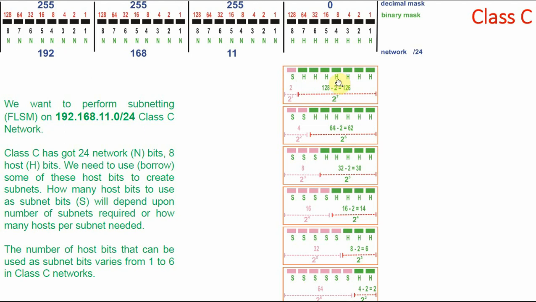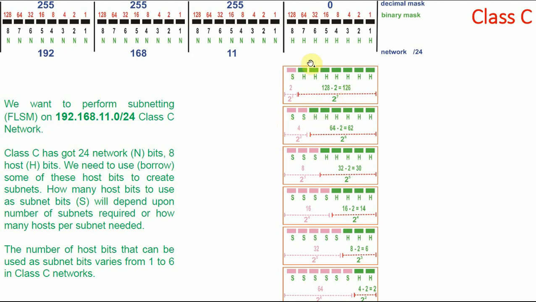And how many hosts can we network? 2 power 7, which is 128. We cannot use the first one because that is the network address, and we cannot use the last one because that is the broadcast. So effectively you can network 126 systems.